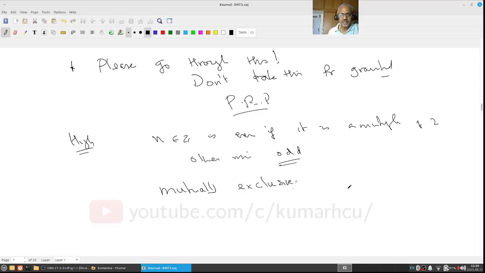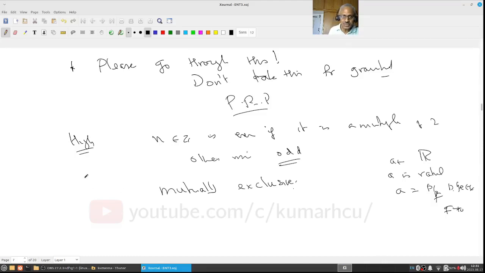For example, if you give me a real number a in R, then I know what is meant by saying a is rational: if I can write a as p by q, where p and q are integers and q is not equal to 0. And I say it's irrational if a is not rational. Therefore, they are mutually exclusive. A real number cannot be both rational as well as irrational. Do you understand that subtlety?